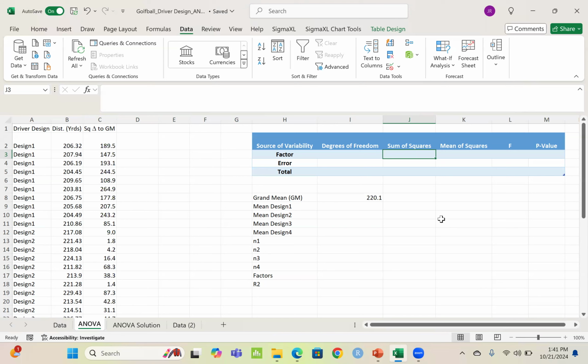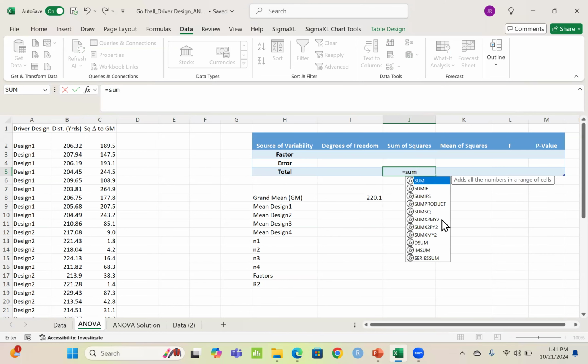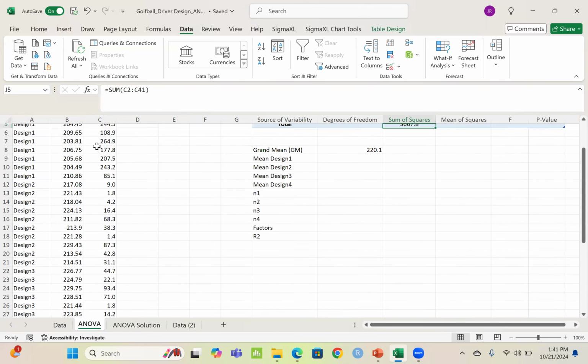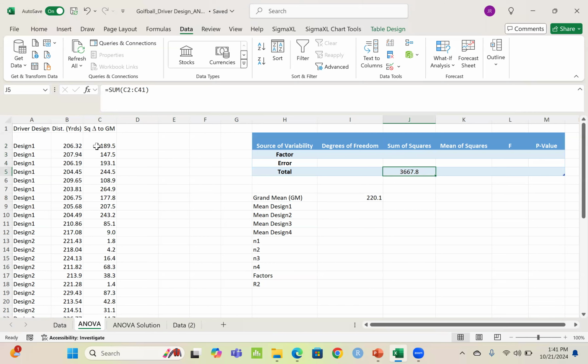Then to calculate the sum of square total, what I'm going to do is actually add all of these values. So I'm going to sum, Shift, Control, arrow down. I'm going to actually sum all of those values right there. And this is my sum of square total.